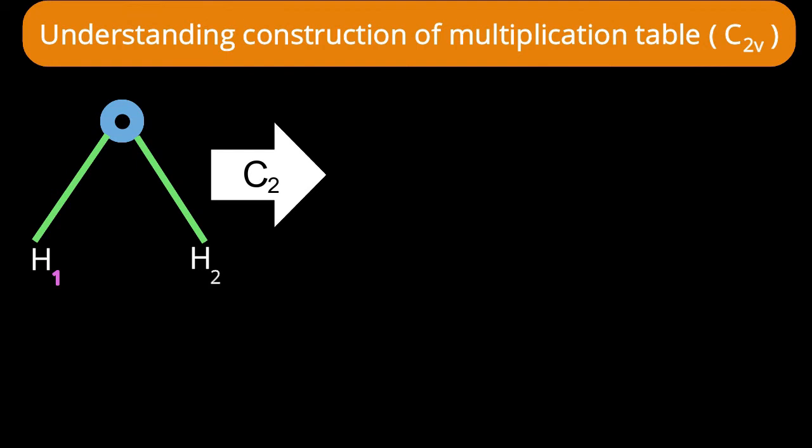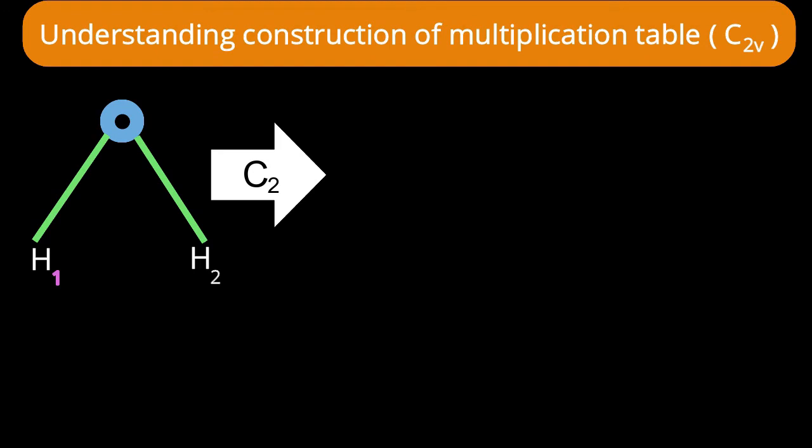C2 operation. How is our C2 axis? Our axis passes through oxygen and bisects the angle between the hydrogens. If I rotate that water molecule around the C2 axis by 180 degrees, what will happen? H1 and H2 will change position. And what about the nose? The nose will go away from us.